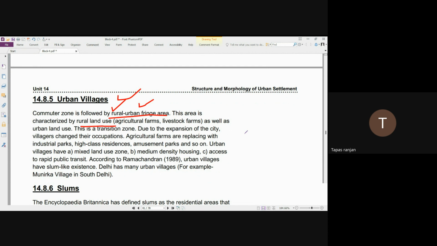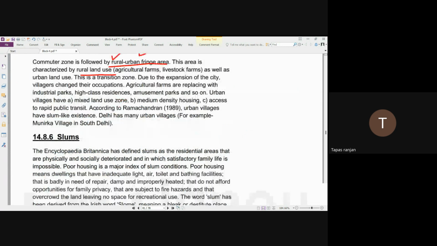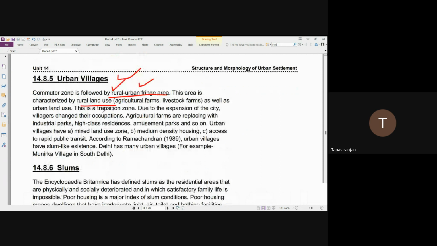When the city grows, it will have the characteristics of both urban culture and rural culture, and these agricultural farms get replaced with industrial parks and high class residences. So these are your rural urban fringe areas, or else you can call them the part of your urban morphology, that is, your urban villages.